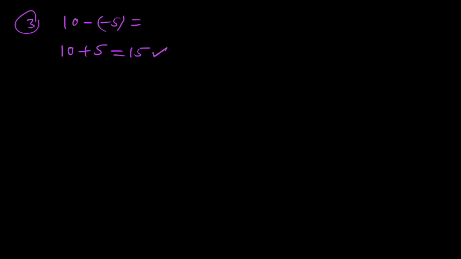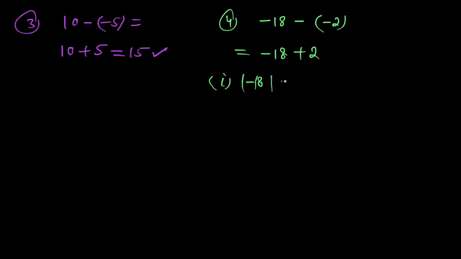Okay, so the fourth example of subtracting integers is negative 18 minus negative 2. Okay, again we can see that two negatives will be positive. Negative times negative is positive, and now these two integers have opposite signs. Again, let's find the absolute value of negative 18 and the absolute value of 2.